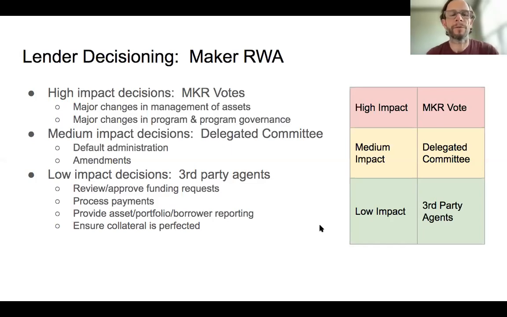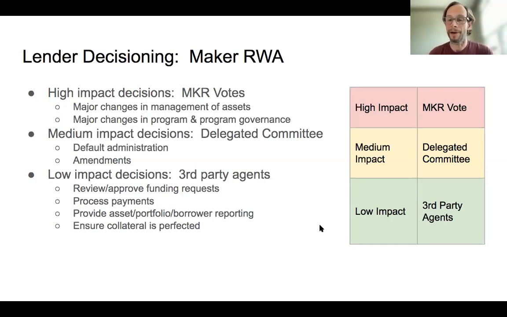And to give you one example on medium impact decisions, it's a very US centric example. Let's say a borrower goes into bankruptcy, right? It wouldn't be the first time in the world that a borrower files for Chapter 11 bankruptcy. In the US, that means basically a workout. So it's not insolvency where we're going to liquidate all of the assets. It basically means the creditors are stayed from taking any action. People are going to be receiving notices all the time from the bankruptcy court.